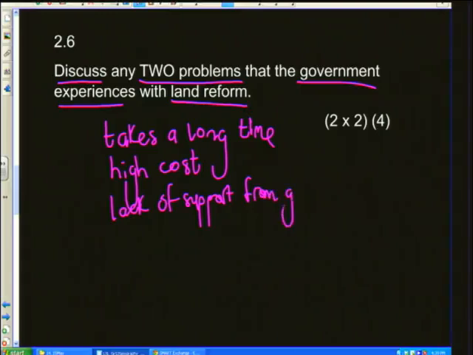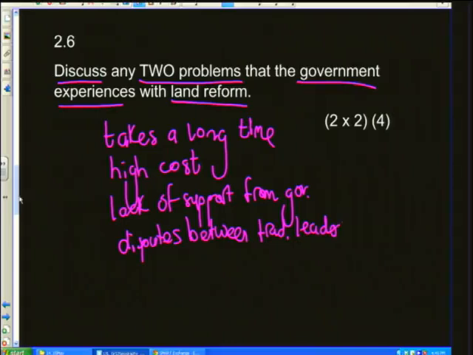And there are various disputes which I've just discussed with you. Could be between the landowners that are not willing to sell or to give up their land. It could be between government and traditional leaders about the extent of land. And all of these issues take a long time to resolve.